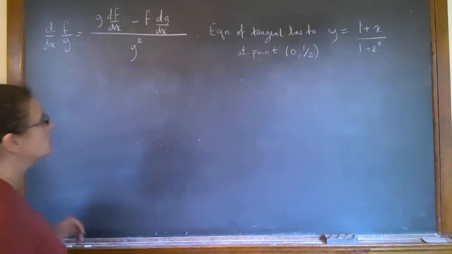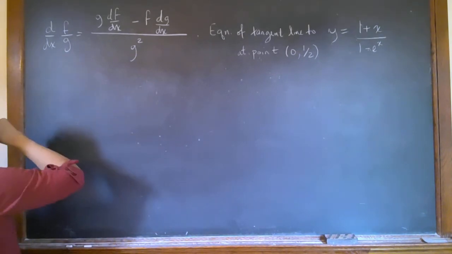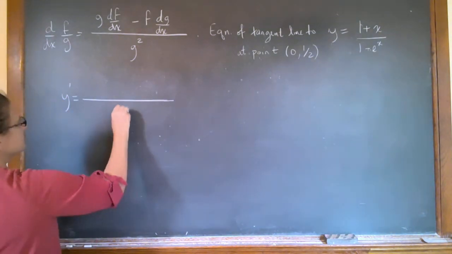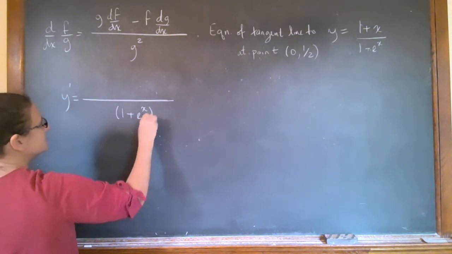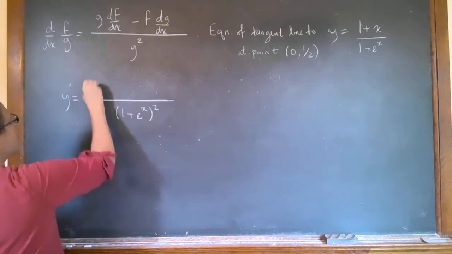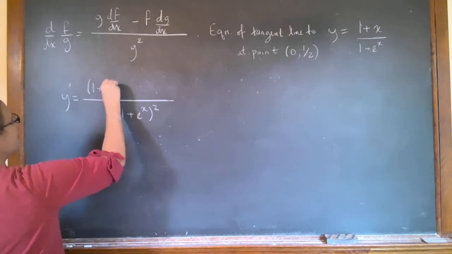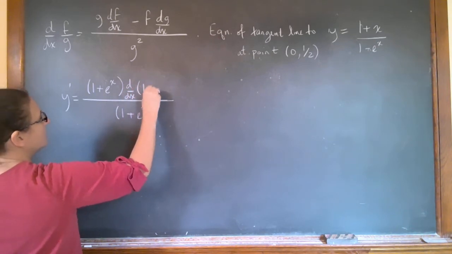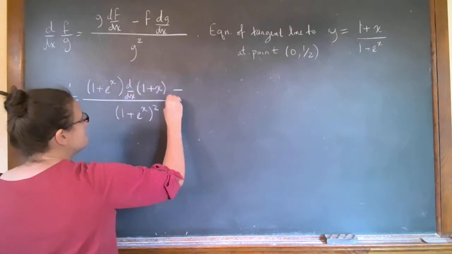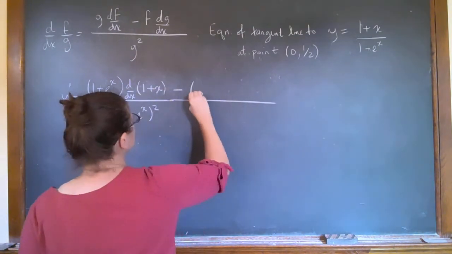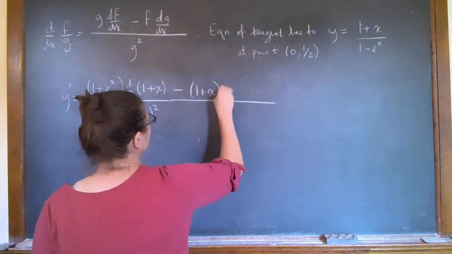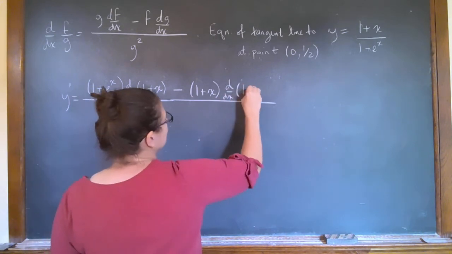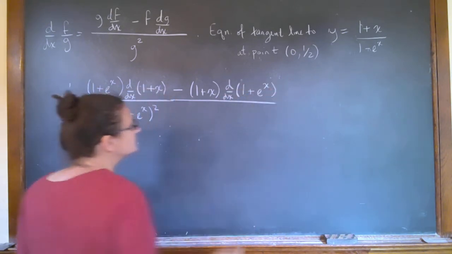Right? So now we just use this to take the derivative. Bottom is going to be 1 plus e to the x squared, and then I've got 1 plus e to the x times the derivative of 1 plus x minus 1 plus x times the derivative of 1 plus e to the x. Right?